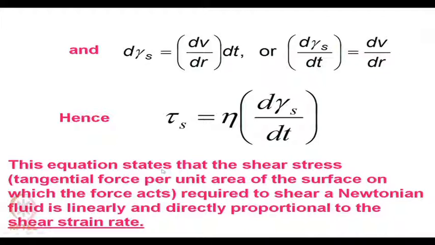This equation states that the shear stress, which is the tangential force per unit area of the surface on which the force acts, that is required to shear a Newtonian fluid, is linearly and directly proportional to the shear strain rate. So, what we have got is that shear stress is directly proportional to the shear strain rate.